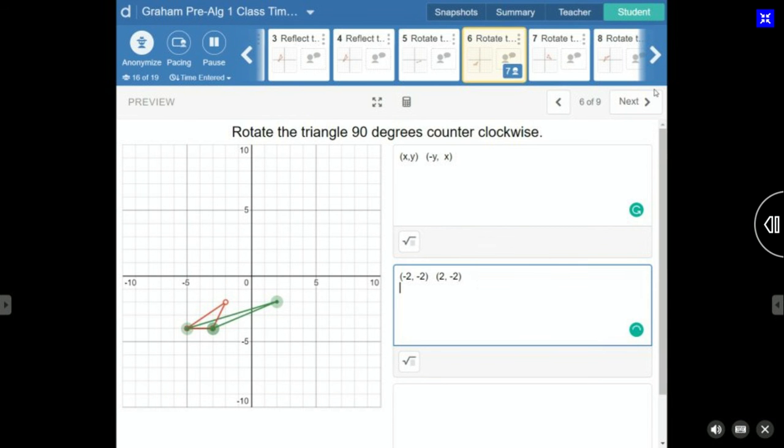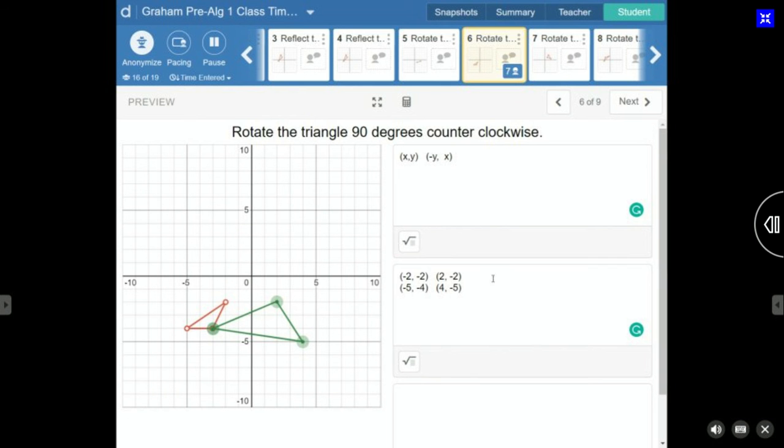All right, we have -5, -4. What should that be? Opposite of y goes first. And x goes second, so 4, -5, right? Right 4, down 5.